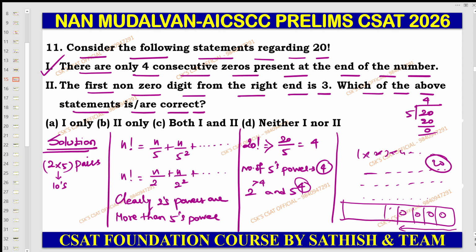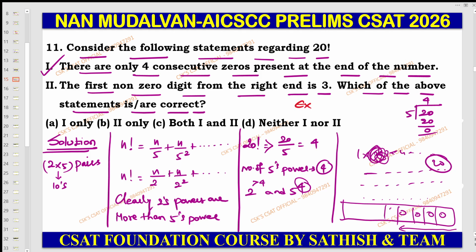Now try to understand one logic here. Even if you multiply 1 into 2 into 3 into 4 into anything, fine. One simple logic here is that an even number is there, 2 is even. You know the logic here.